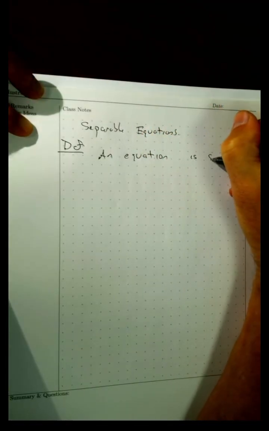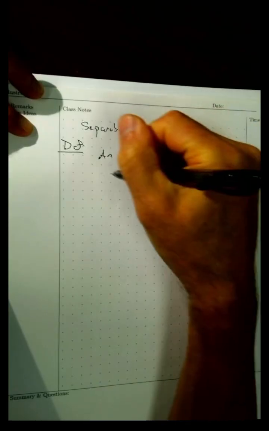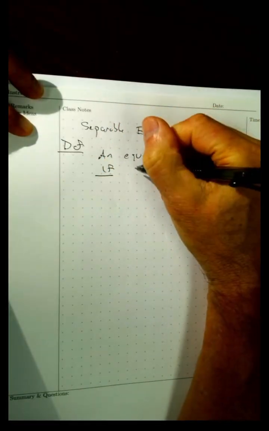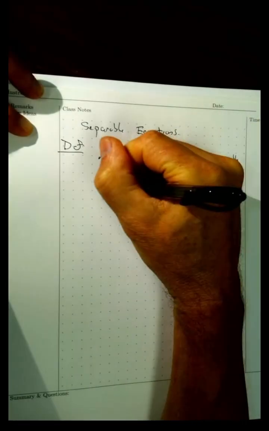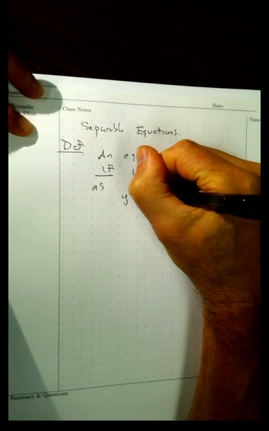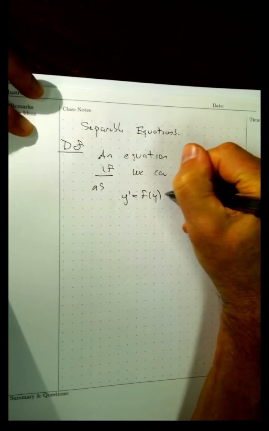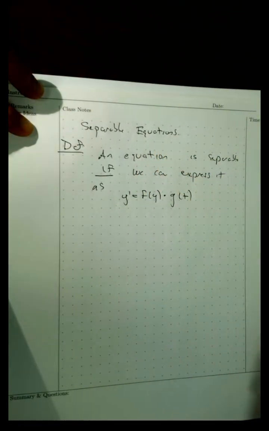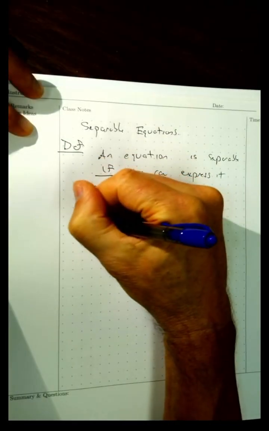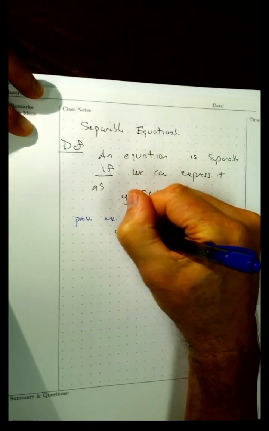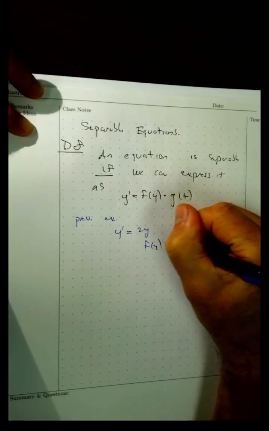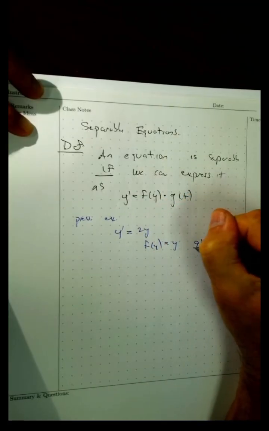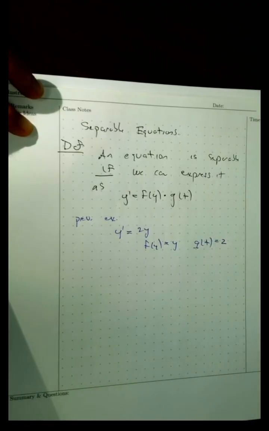An equation is separable if we can express it as y prime equals some function of y times some function of t. In the previous example, we had y prime was 2 times y, f of y was just y, and g of t was 2.